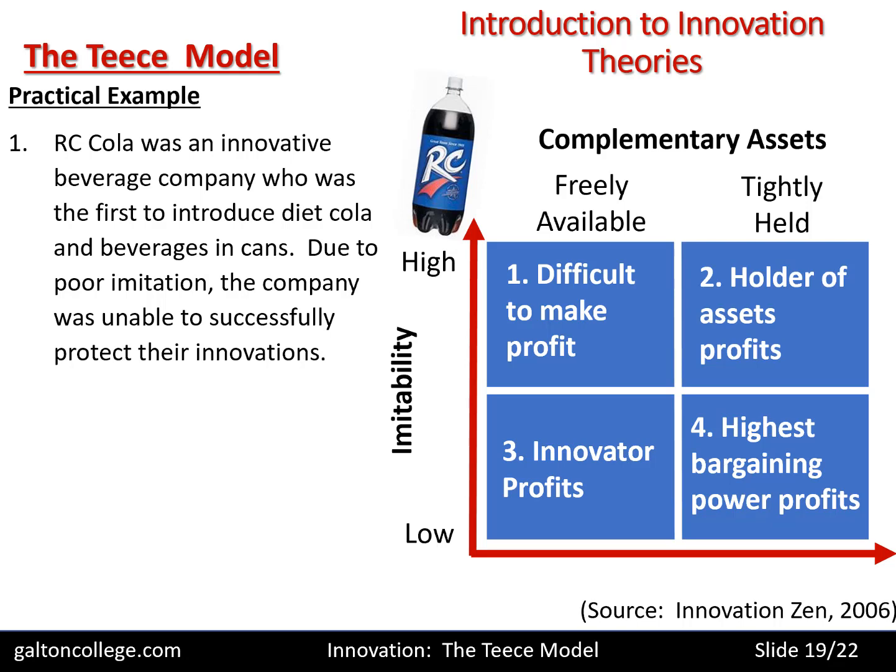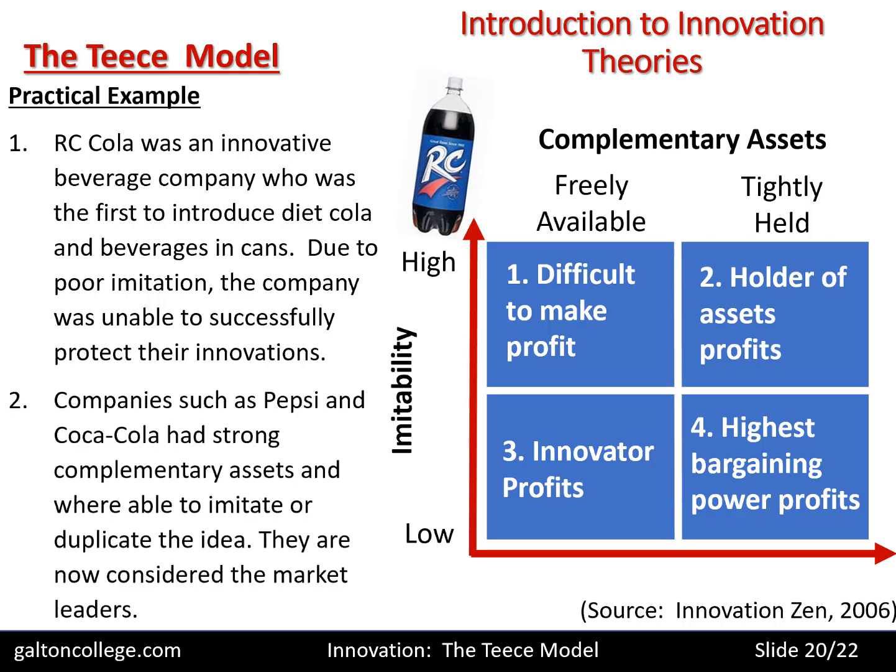Other companies had similar production facilities, and they were able to copy the product quite easily. Companies such as Pepsi and Coca-Cola had strong complementary assets and were able to imitate or duplicate the idea. And they, of course, now are considered to be the market leaders.